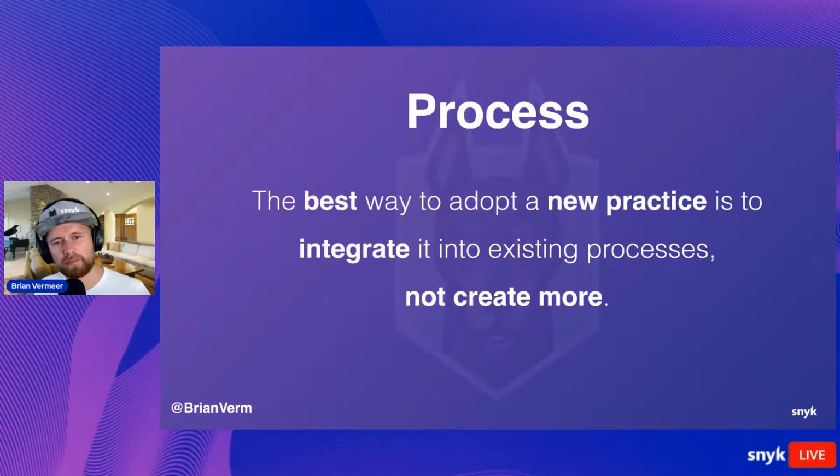So if you look at process, the second pillar, process is important, but the best thing to do with new stuff is not to create more process. And that makes sense, because we're doing this, we're good at it. Why not just look at the current way of working and try to integrate that security mindset in that current way of working?